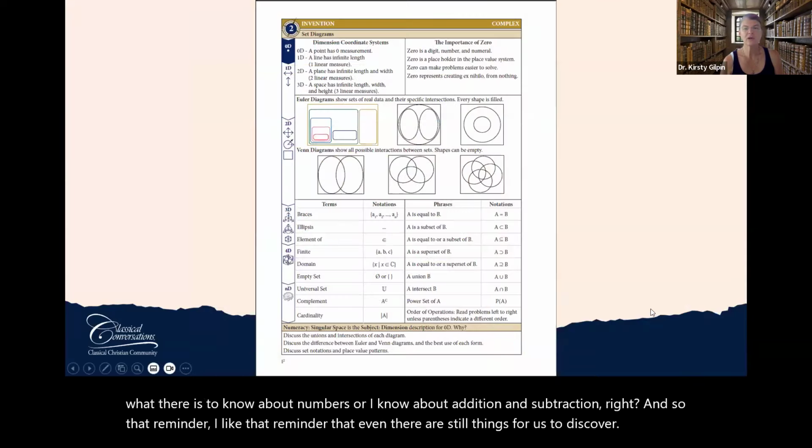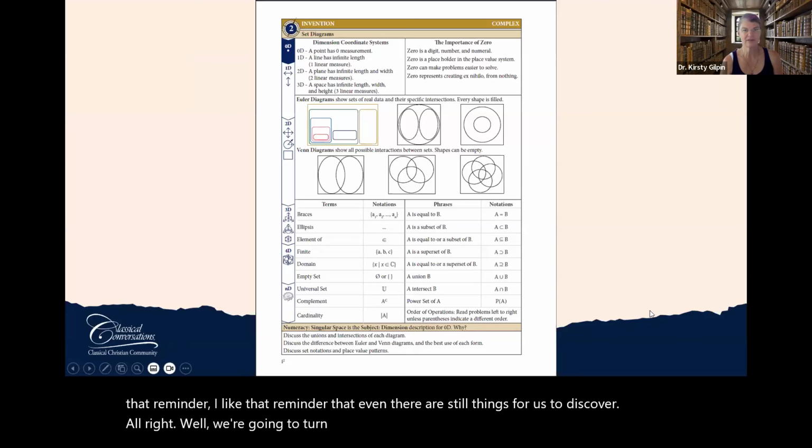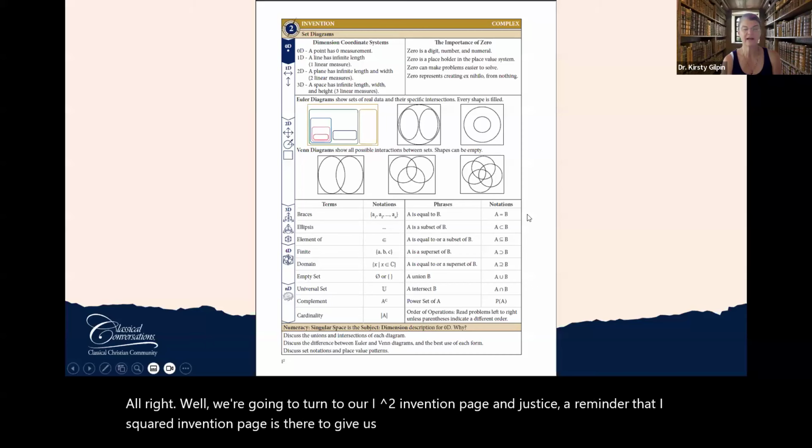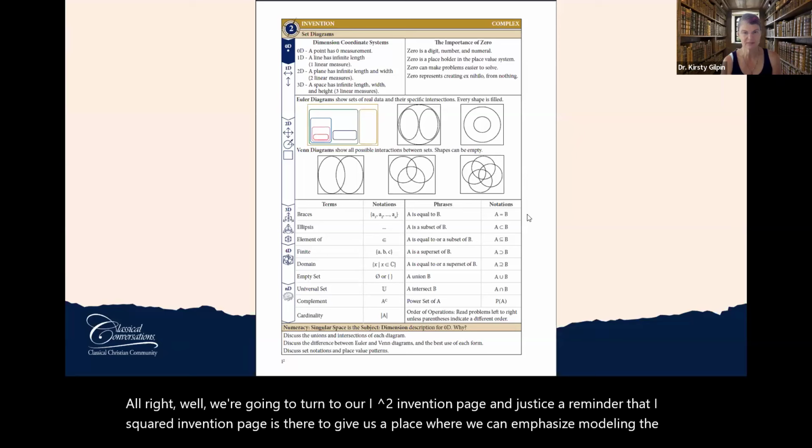All right, well, we're going to turn to our I² invention page. And just a reminder that the I² invention page is where we can emphasize modeling the 5 common topics with our students.